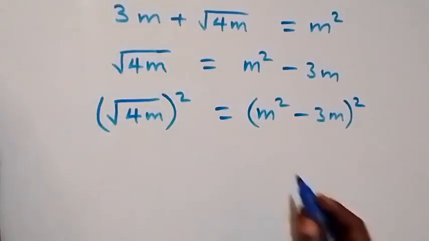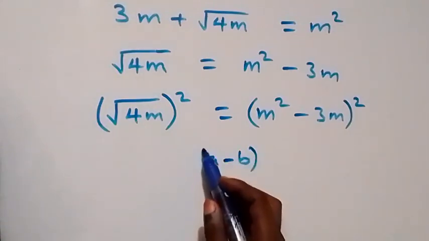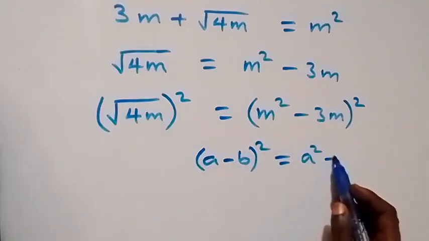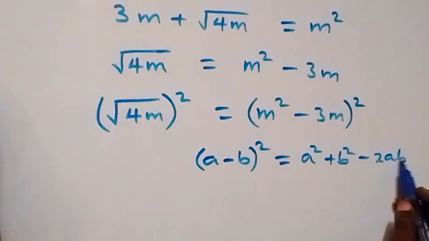And the expansion from here follows when we have a minus b all squared, which here we can write as a squared plus b squared minus 2ab.